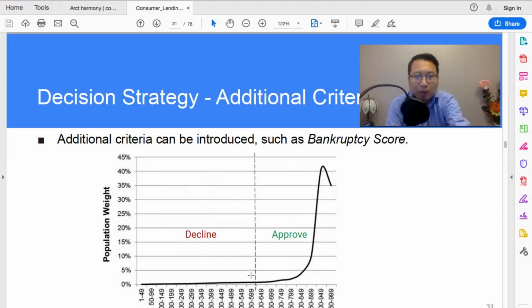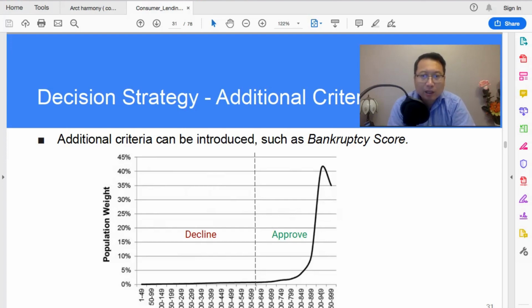So what you want to pay attention to is really people on the long tail on the left, right? So these are the high bankruptcy risk applications or consumers. You can choose a cutoff through analysis. For example, below 600, you simply decline because of the high risk for bankruptcy. For the rest, you approve them, and they will continue along the decision strategy flow.